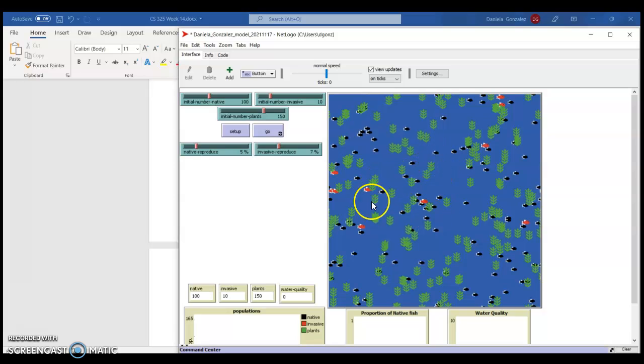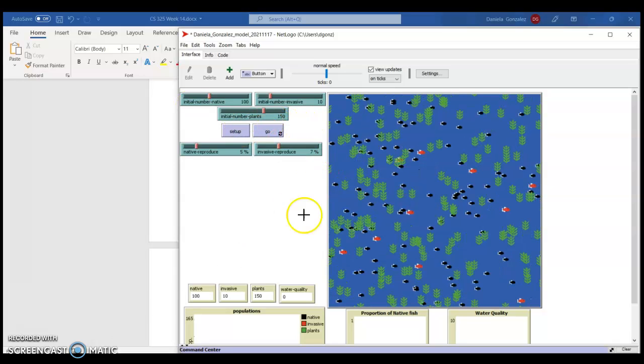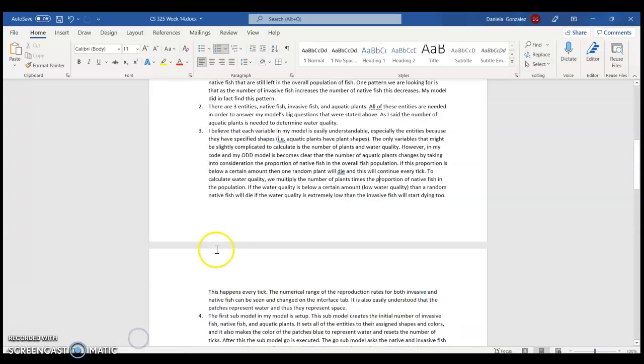The fish both have fish shapes, which I thought would be cute. And then the patches were turned blue, just because I thought that would really represent the true look of a pond or a lake where we would find these fish. And I think because of the shapes and the colors, the model and all the variables in it are easily understandable.